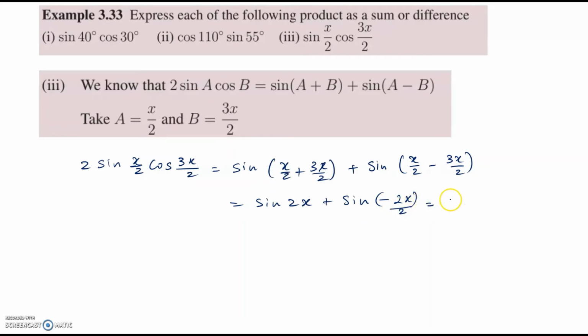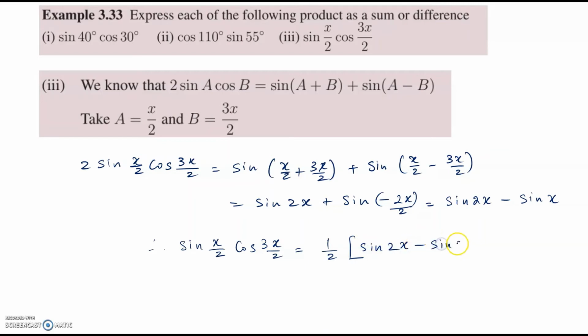So which is equal to sine 2x minus sine x. Therefore, our sine x by 2 cos 3x by 2 is equal to 1 by 2 (sine 2x minus sine x).